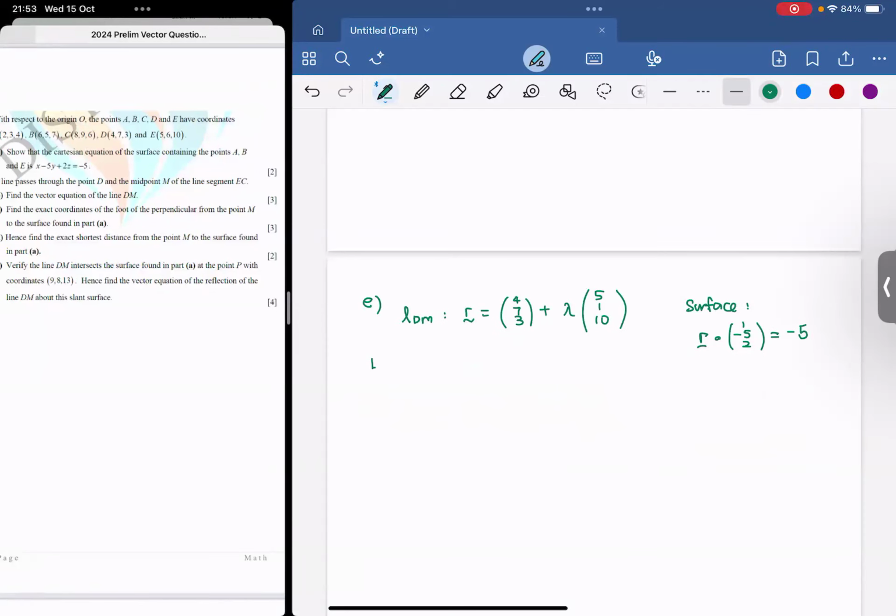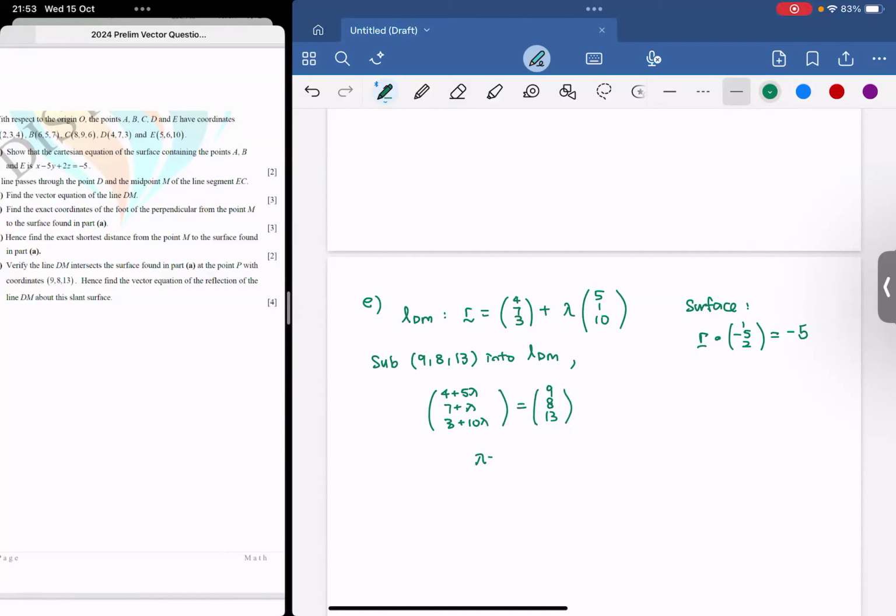So what we do, we sub 9, 8, 13 into the line DM. So 4 plus 5 lambda, 7 plus lambda, 3 plus 10 lambda equals to this.